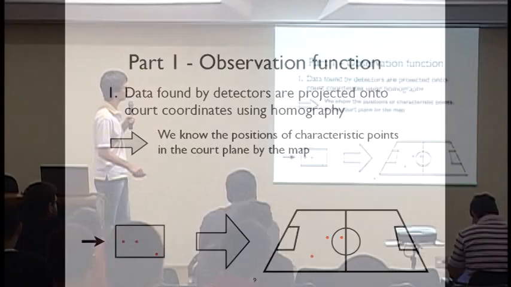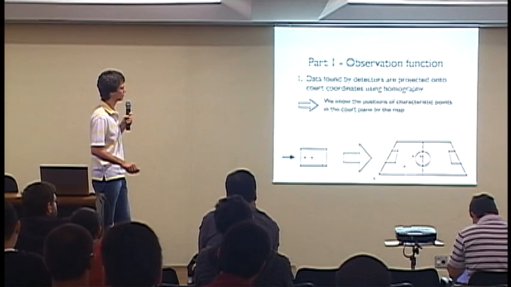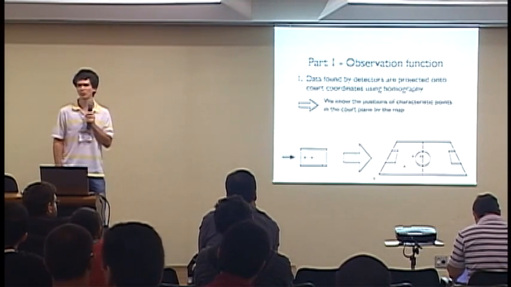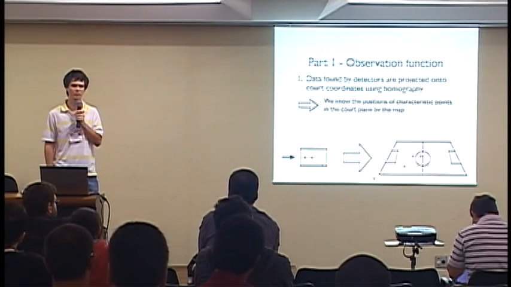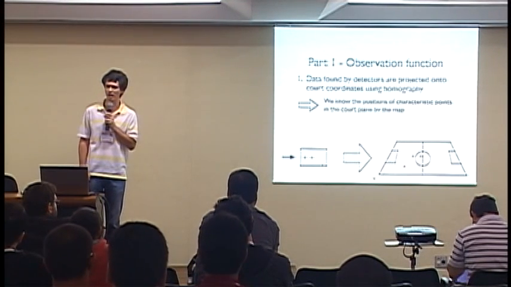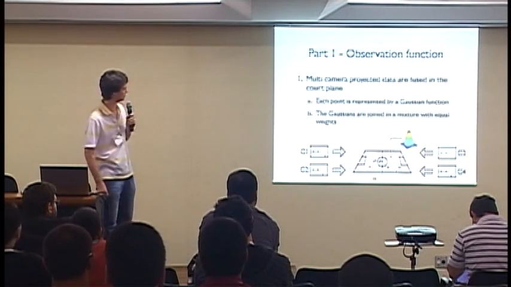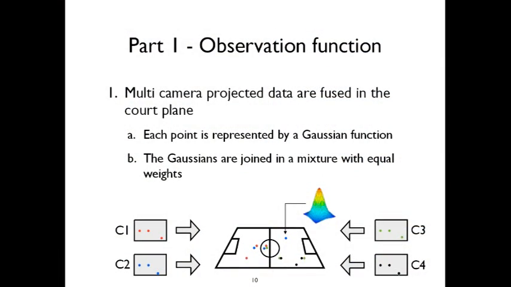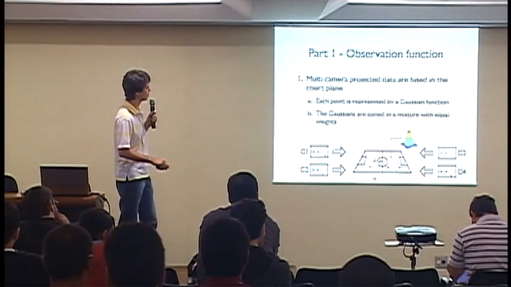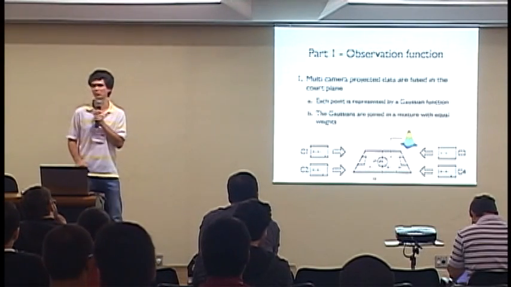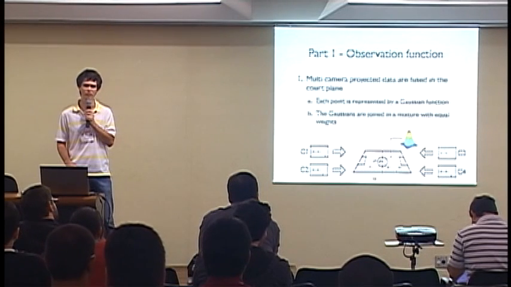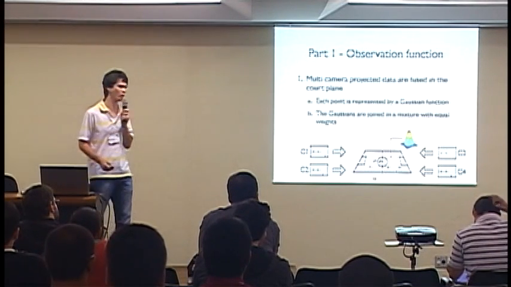These points representing the player's foot are projected on a virtual plane representing the court plane. And remember, we have a map of this plane with many characteristic points to initialize a homography matrix in each process. So we have 4 cameras and 4 detectors. Each one generates a set of points, and these points are projected on the virtual plane, which introduces noise in the position of players in the real world.